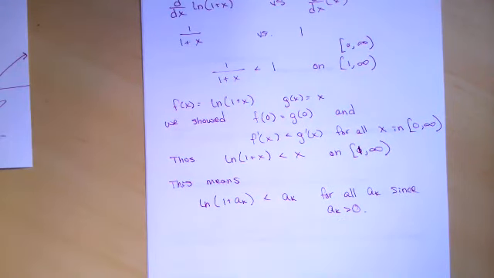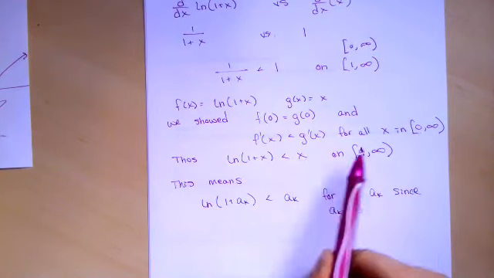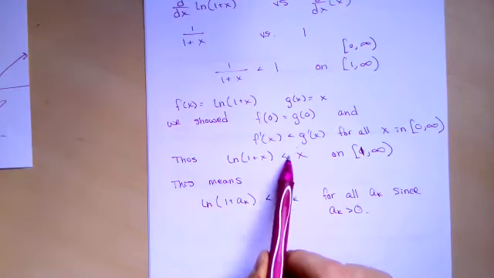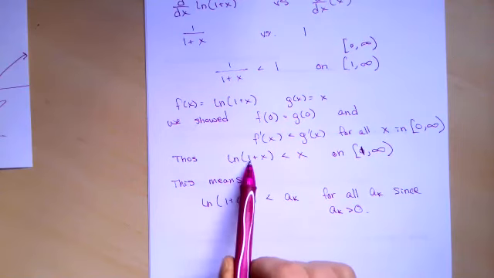Right? What was our condition on our sequence? It was specifically positive numbers that I'm plugging in. And what did we just show here? I showed that for any positive number, that number itself is always going to be bigger than the natural log of 1 plus that number.